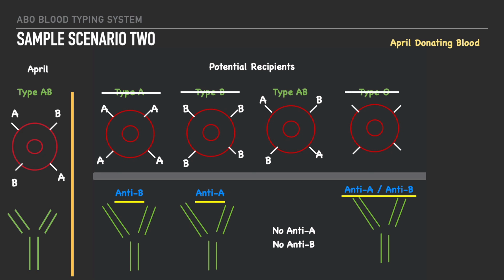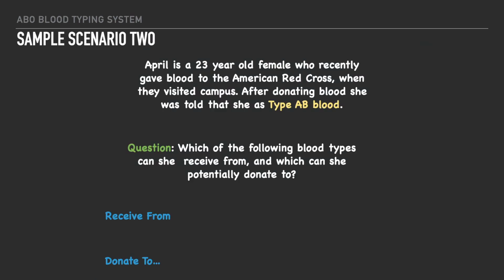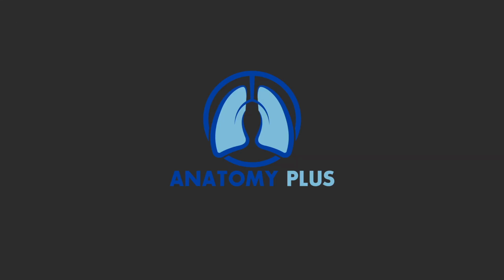So we can also strike through this as an option. So our answer here is that April could receive from the individual with type AB blood, and in terms of who she can donate to, we've uncovered that she can donate to all of the blood types, which includes types A, B, AB, and O.